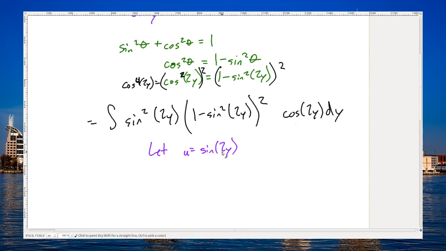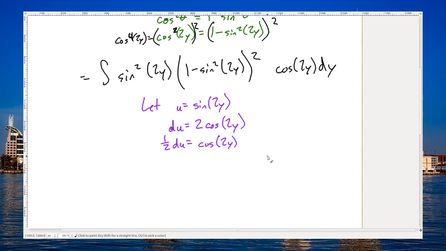U is sine of 2y. That means my du is 2, because the 2 pops out because of the chain rule, cosine of 2y. Now, I don't have any 2's over here. I just have cosine of 2y, so I'll just make that 1/2 du cosine of 2y. And that works well enough.